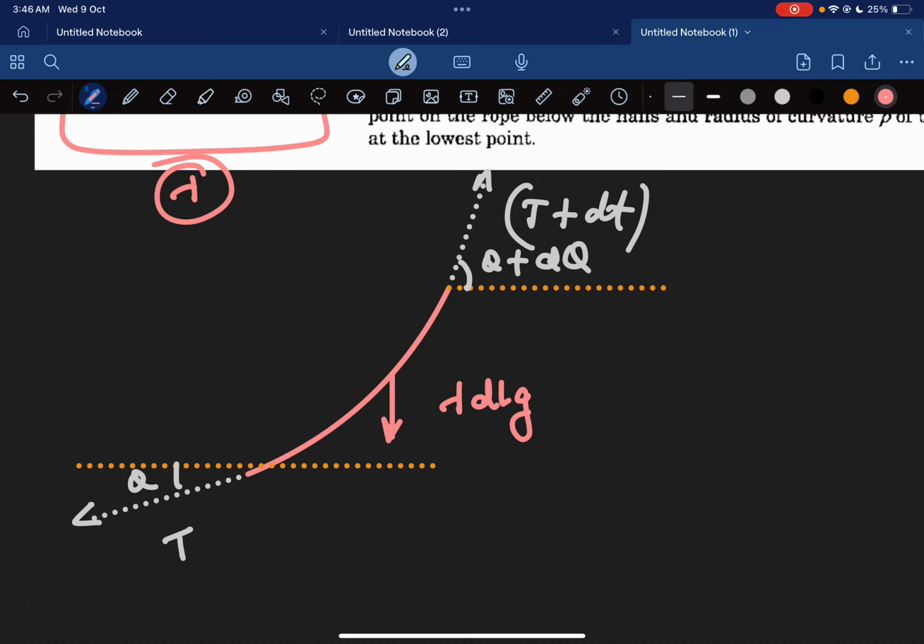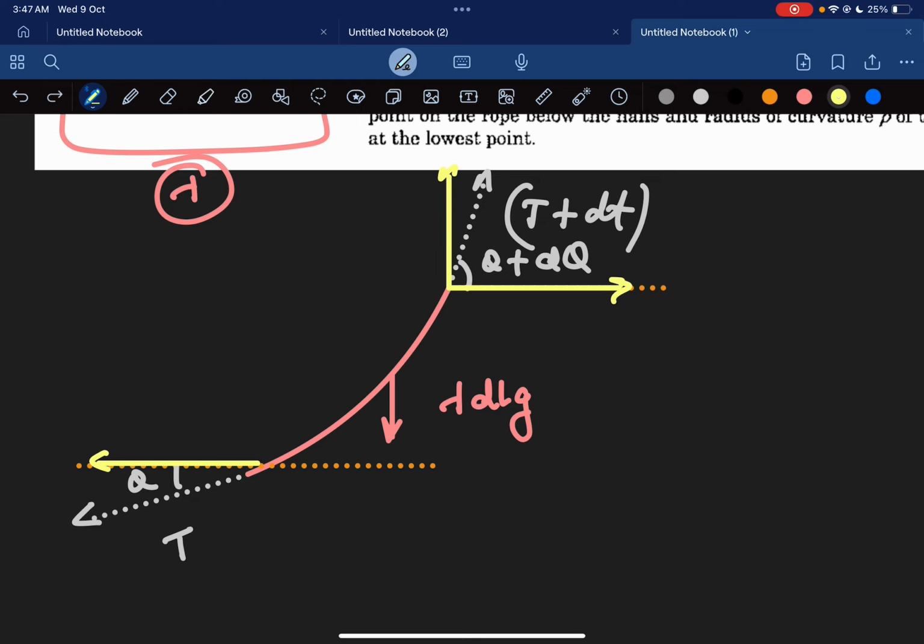So now this whole differential element of length dl is in equilibrium. So I just balance my forces in vertical and horizontal direction. So taking vertical and horizontal components of this t plus dt and vertical and horizontal components of this t, and then balancing it.